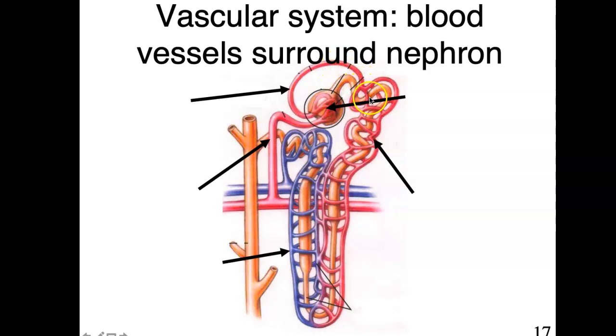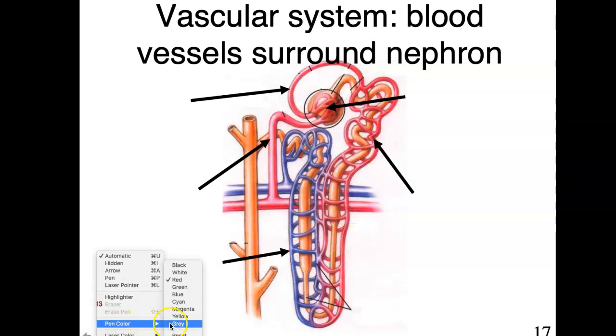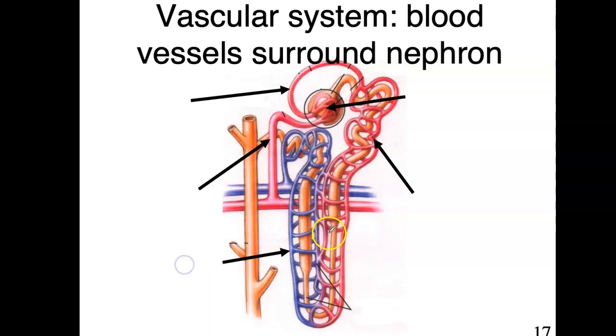And then notice how it's completely wrapping around the nephron, because when we're exchanging fluids and salts, they're going to be able to leave the nephron, and in close proximity, we can recycle and bring things out and back into the blood if we need to.